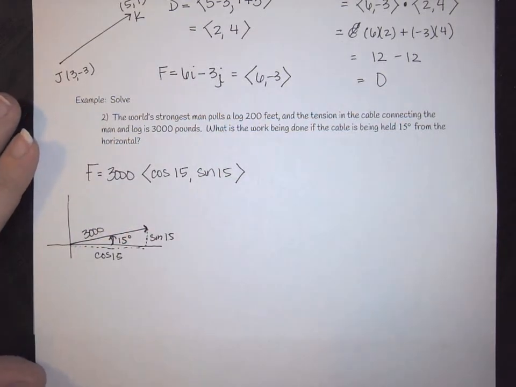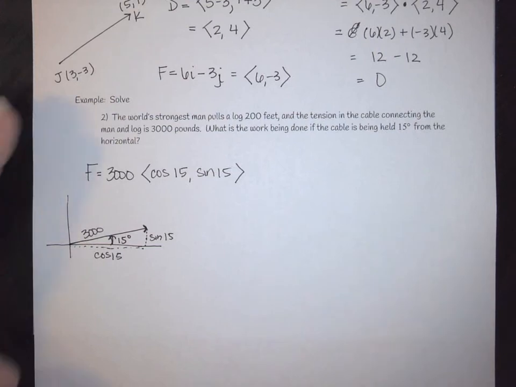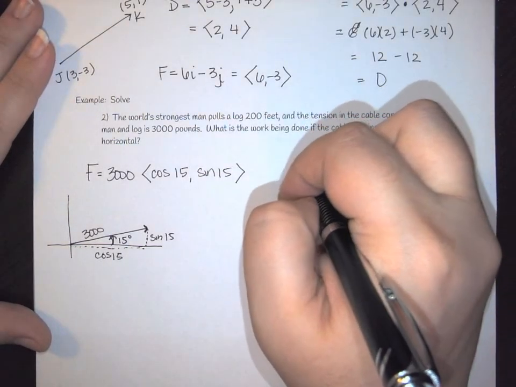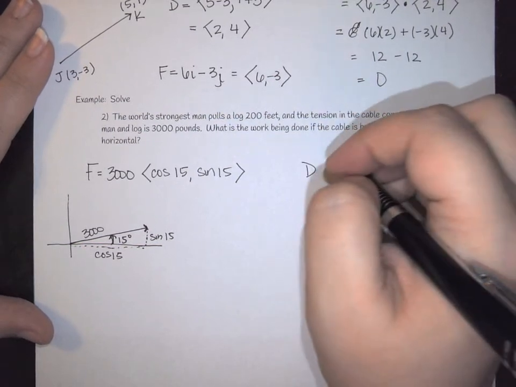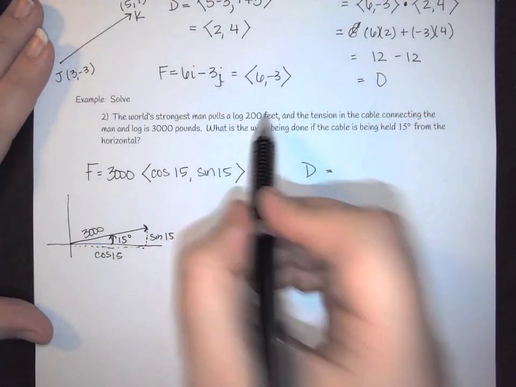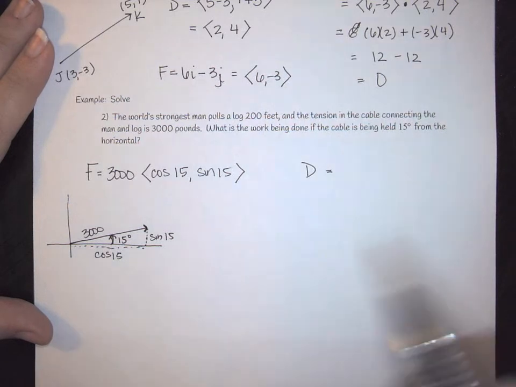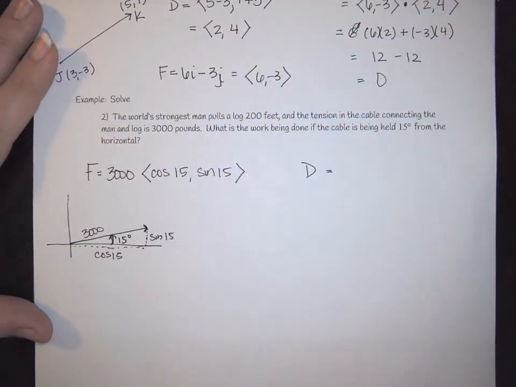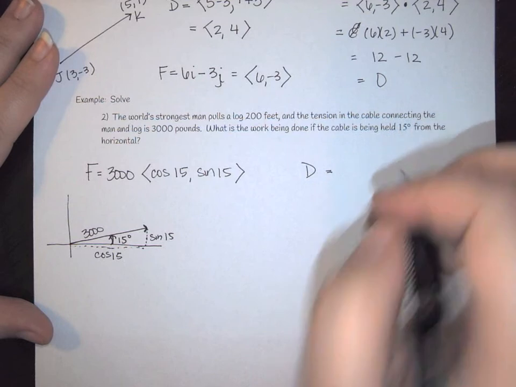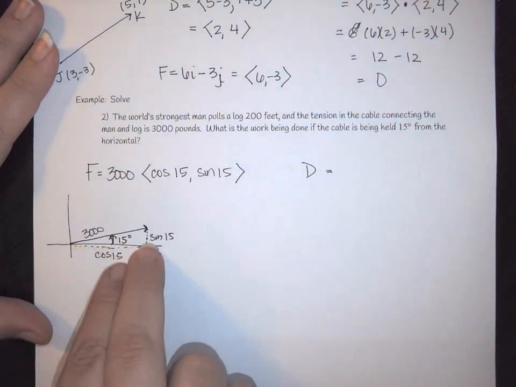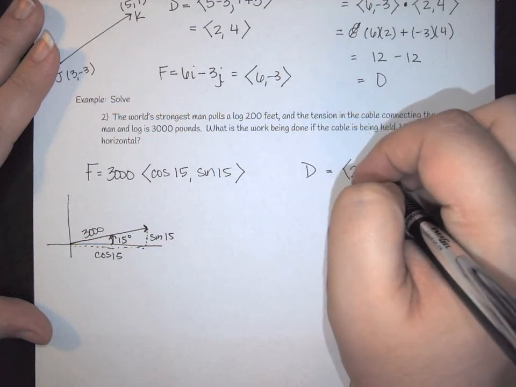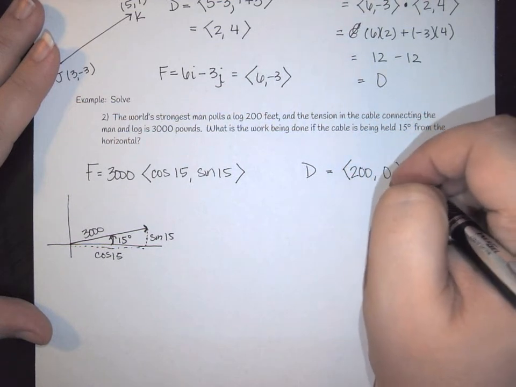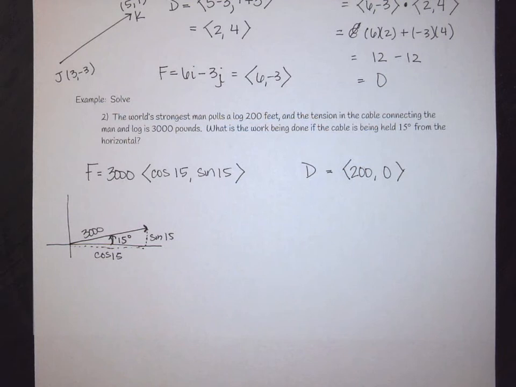Now with this, we also have to look at what our distance is, or the vector in motion. Well, you're pulling the log 200 feet along this horizontal here. So this would say that we are moving 200 feet in the horizontal direction, but we're not going to go up any.